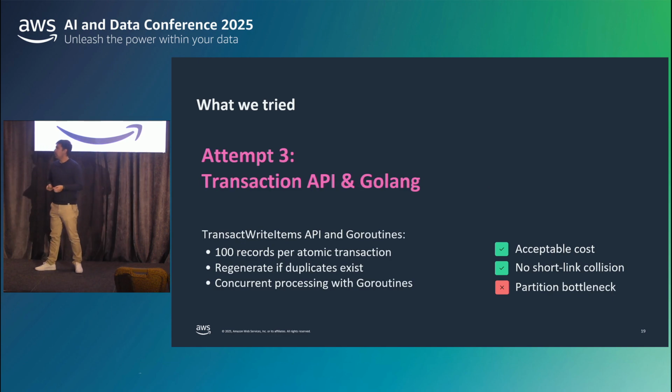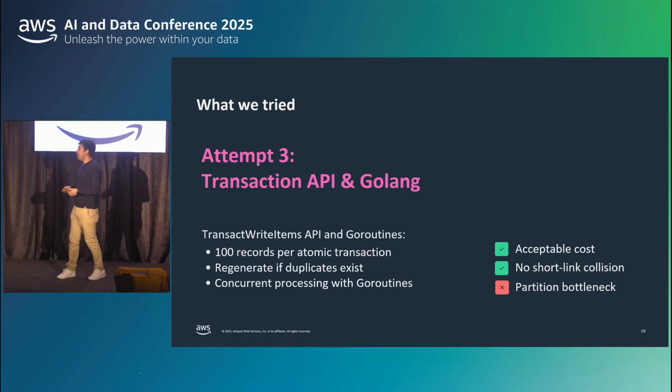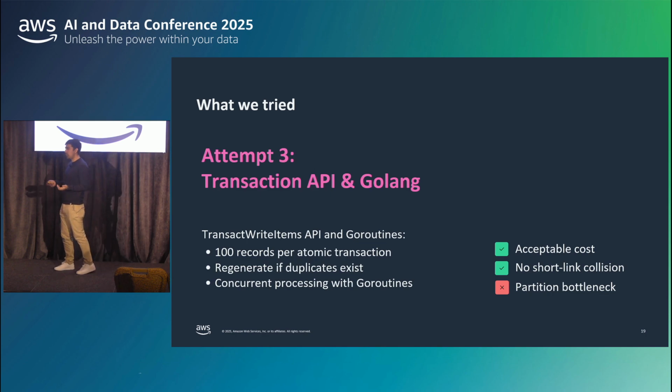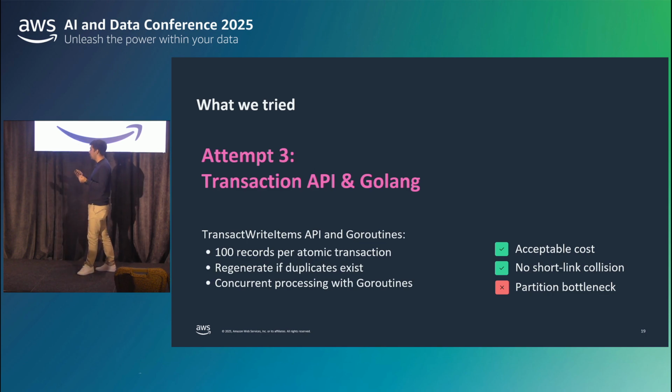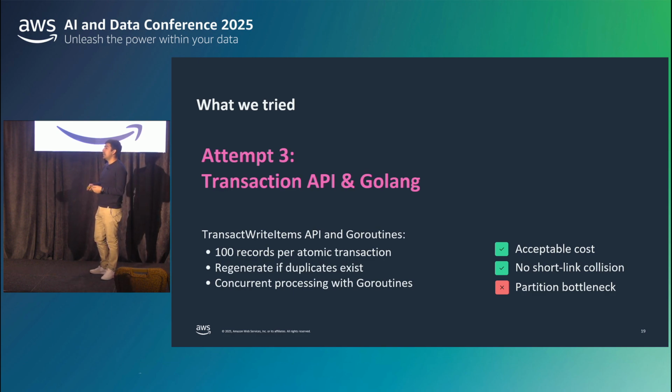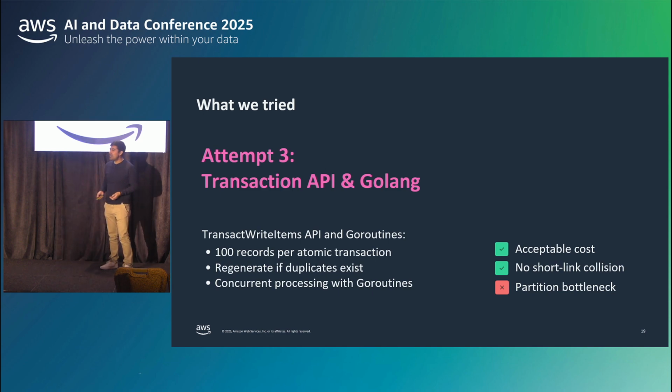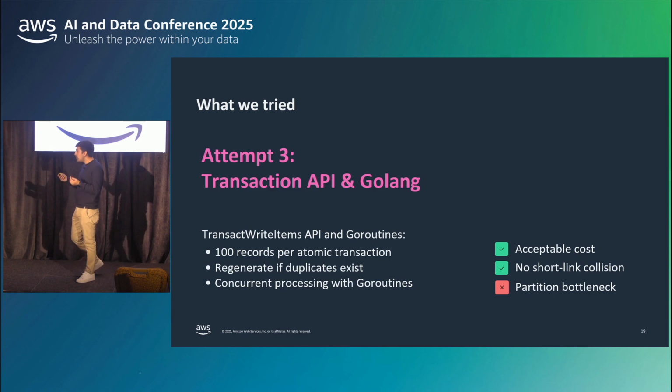We can create a massive amount of links because DynamoDB is super fast, and the Transaction API worked well. We can use Golang for concurrency and, at the same time, parallelism if the CPU is available, so we can go fast. All the people said, oh my gosh, this is good, we're creating a lot of short links in just 1 second, but in develop.